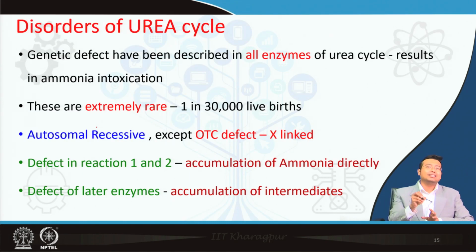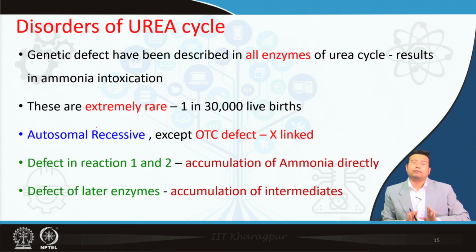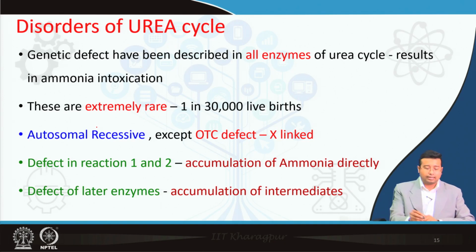Considering the enzymes of the urea cycle, each enzyme can be deficient individually, and there have been individual cases that have been studied and well documented where each and every enzyme can be deficient, and ultimately they result in ammonia intoxication.